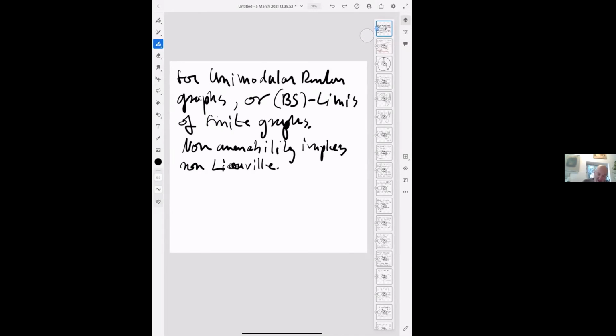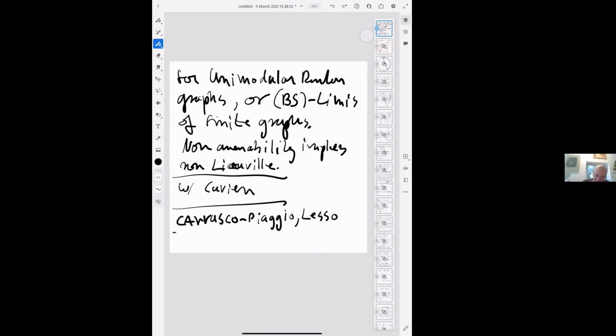In particular, in two works, one with Nicolas Curien and another work by Carrasco Piaggio and Pablo Lessa, we know that for unimodular random graphs, the Liouville property is equal to zero speed.